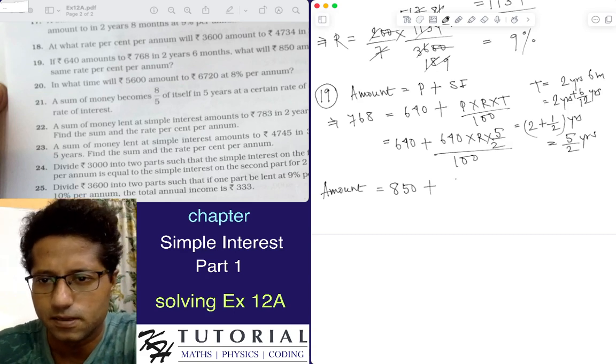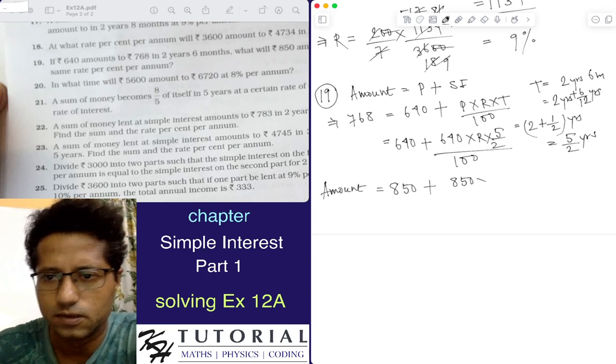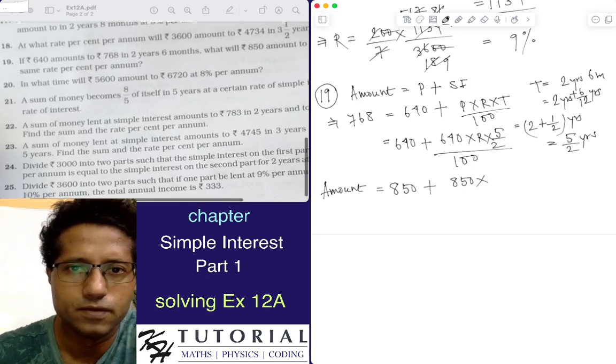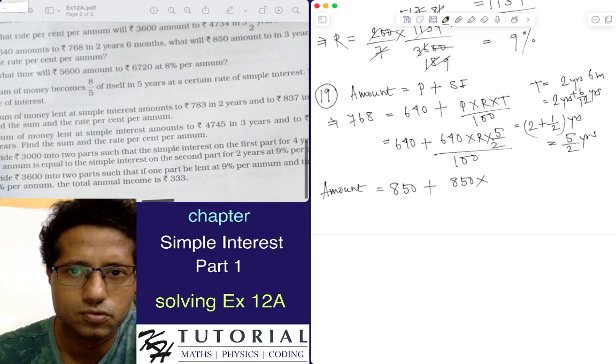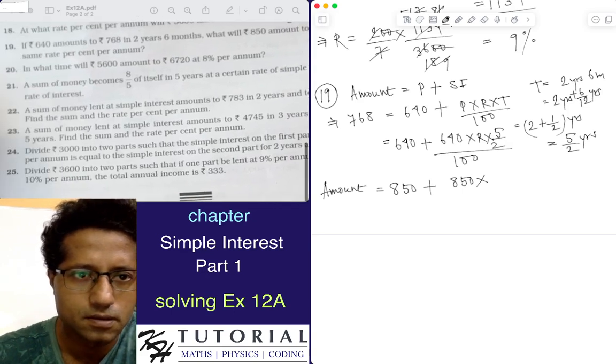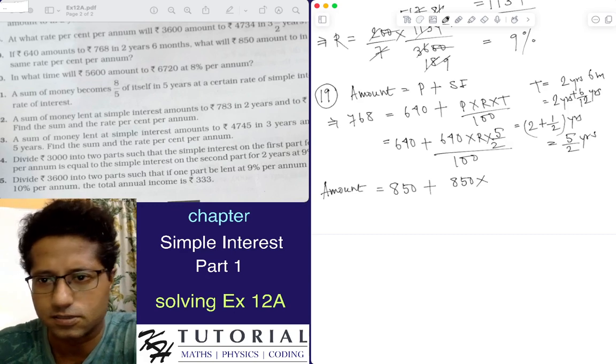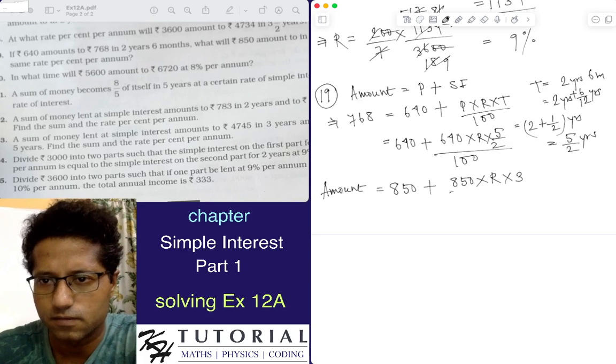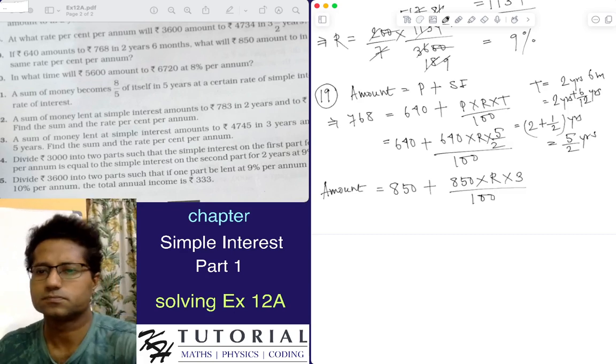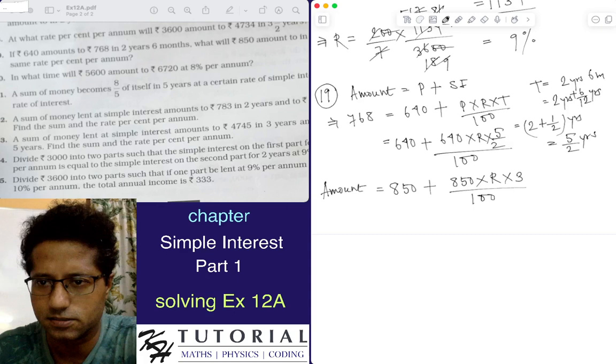SI will be 850 into R into T by 100. Now R is the same, but T is 3. We have this.